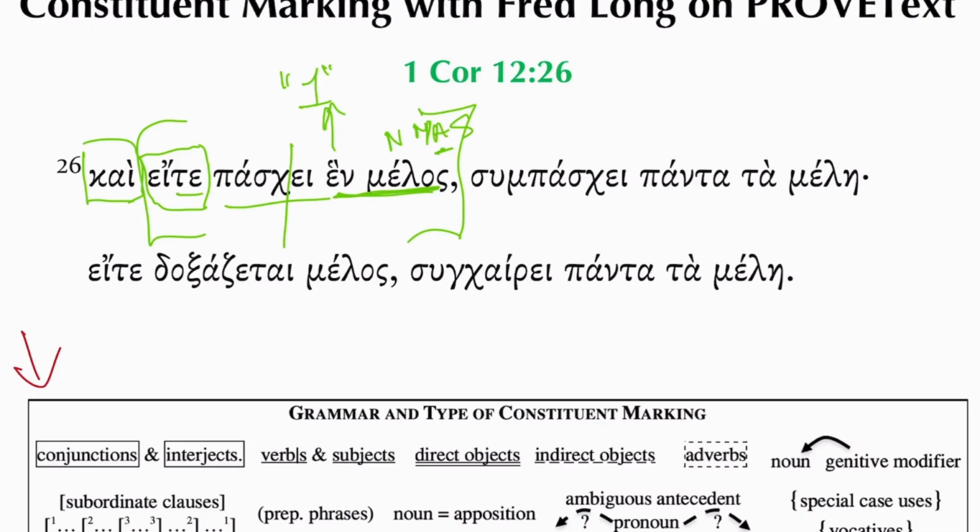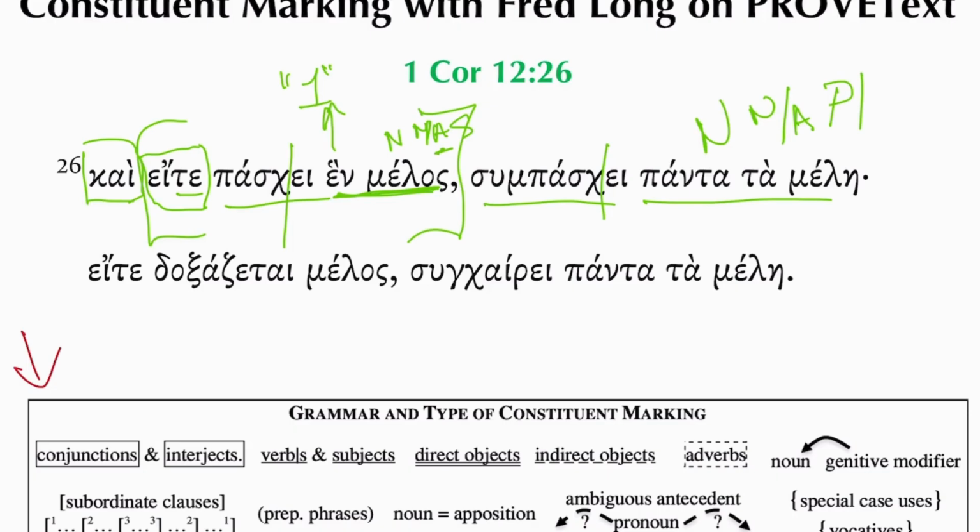And then you have sumpaschei panta ta melē. So sumpaschei is the verb paschō with a sun on the front, and it means to suffer together. And then you have panta ta melē, which is, again, neuter, and it can be either nominative or accusative. In this case, it's plural.